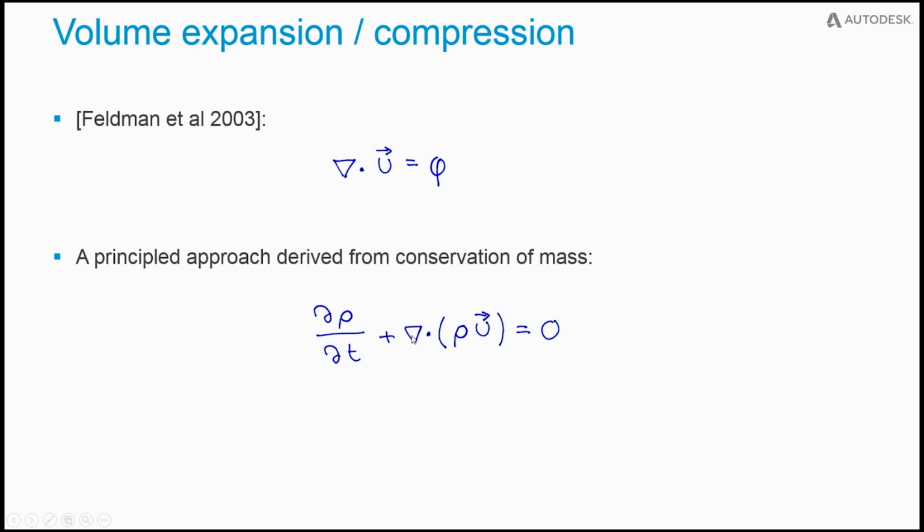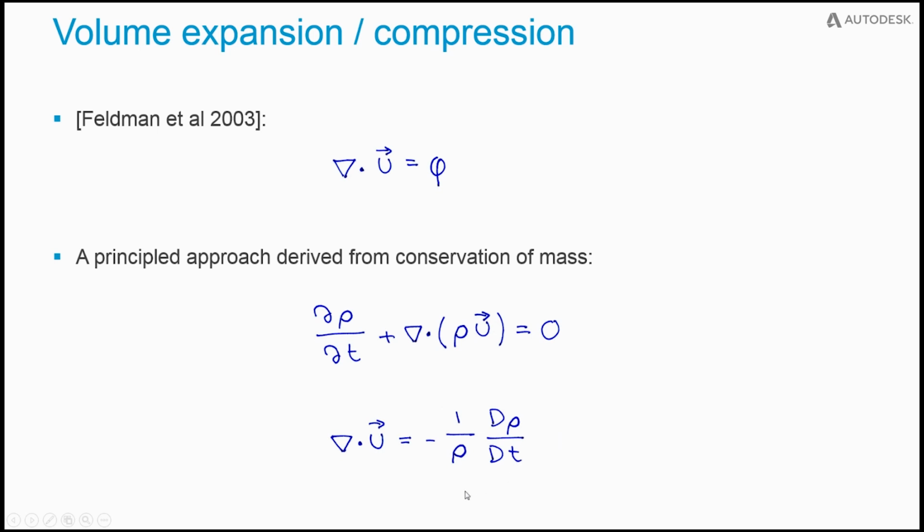So now, if we actually expand this term and we fold some of the resulting terms into the material derivative of the mass density, move things around a bit, we arrive at this equation, which states that the divergence of the velocity field, which we want to set equal to some phi, is actually equal to this expression here.